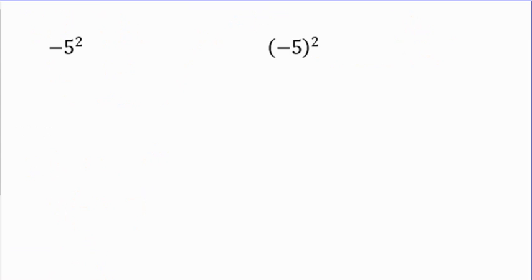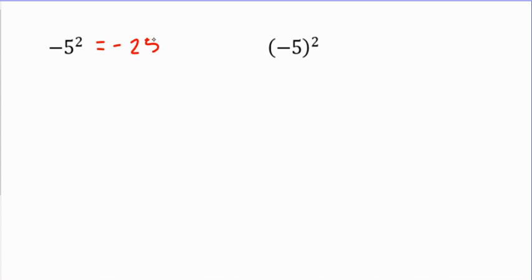One more thing I'd like to talk about, and this is where I keep mentioning this parentheses piece and why I'm kind of an advocate for placing parentheses around the value that you're replacing the variable with. So if you have a calculator, and most calculators, now I don't know what you have at home, but the GED calculator for sure, if I type this in as I see it, just a -5 squared, this yields a -25.